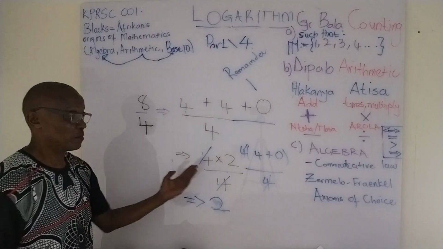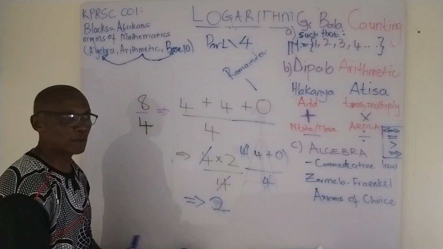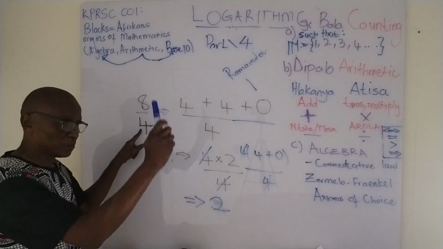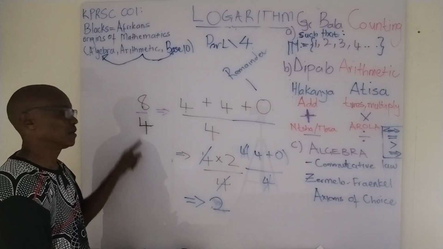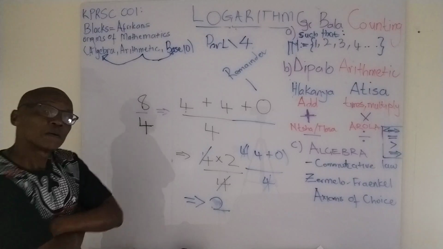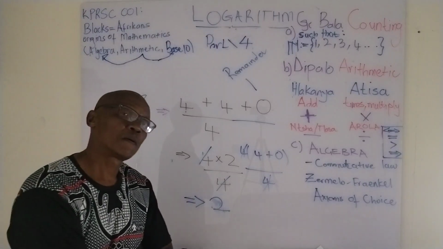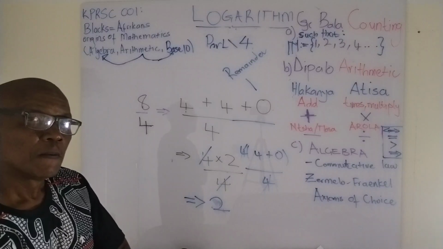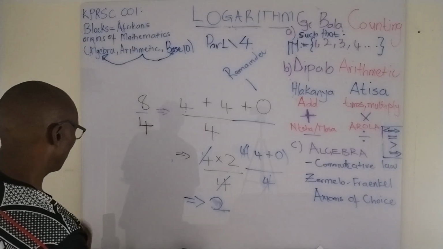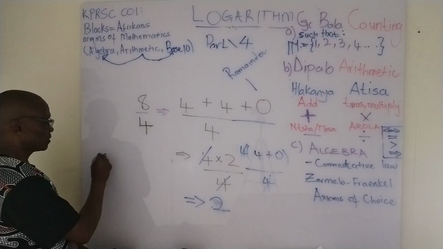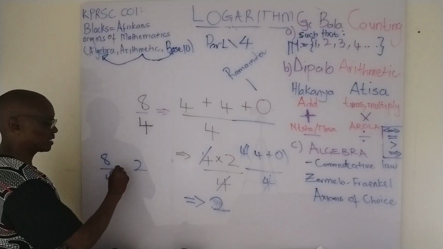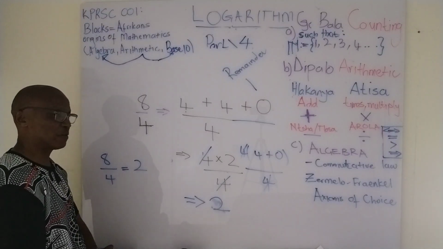Well, I could have used it here, but anyway, I'm emphasizing the 0 as the remainder. But now this is a factor. Now the beautiful thing is, if this is a factor, it produces another factor of 8. Because 8 divided by 4 produces another factor, meaning I'm explicitly saying there is no remainder.